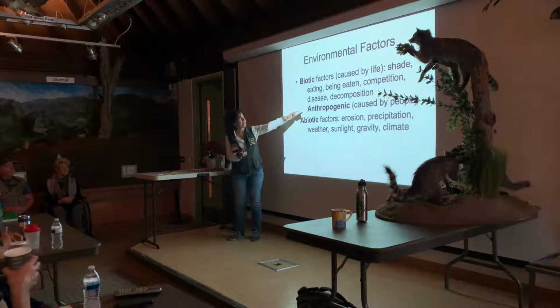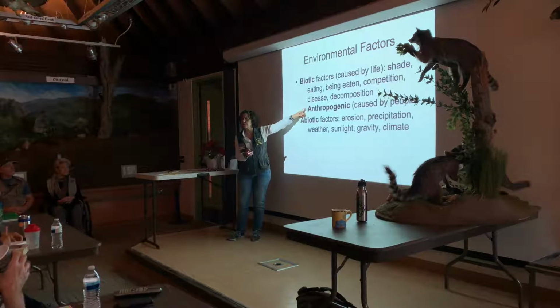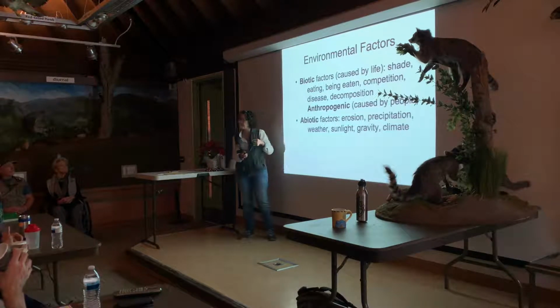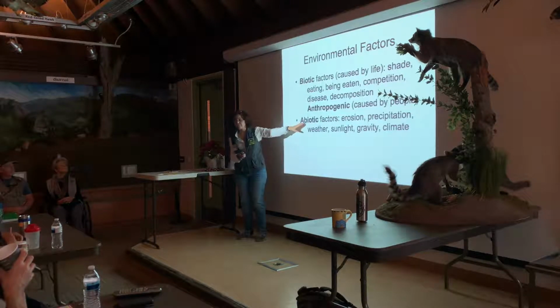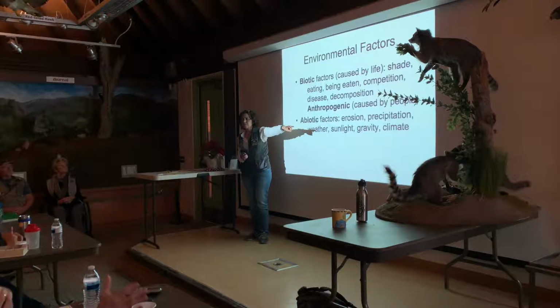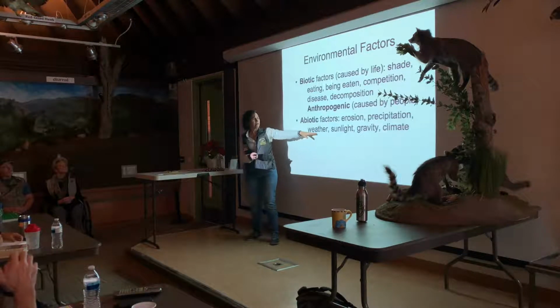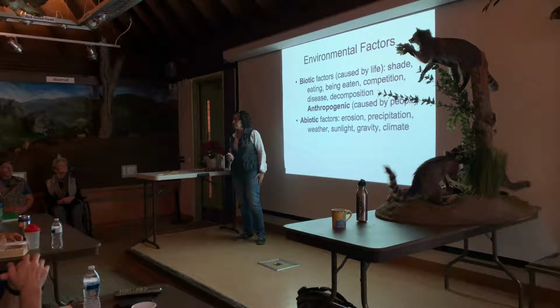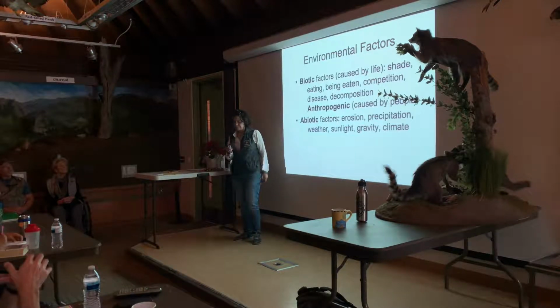So we are in the Anthropocene, so there are special kinds of effects that are a subcategory of all the biotic effects. Abiotic effects are things that are not caused by biology, like erosion, rain, other kinds of weather, sunlight, gravity, other aspects of the climate, fires.